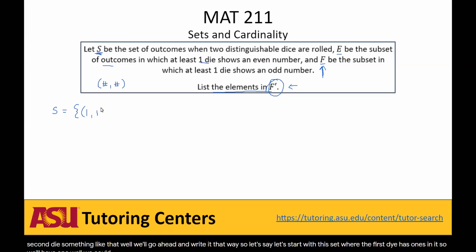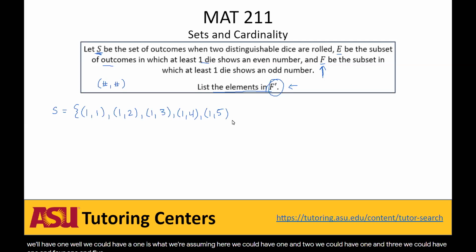We could have 1 and 1, since we have a 6-sided die, 1 and 2, 1 and 3, 1 and 4, 1 and 5, and 1 and 6.